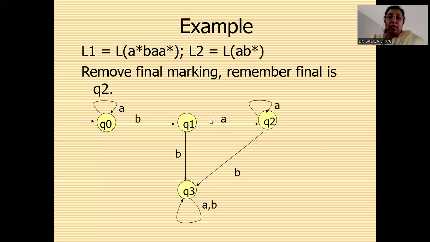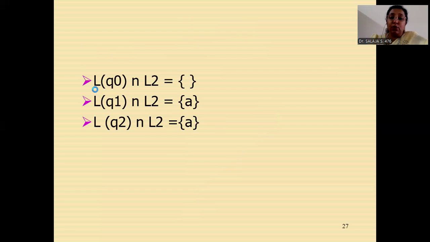Now, the next step is to mark the final states to identify L1 slash L2. From Q0, you cannot reach Q2, because L of Q0 intersection L2 is a null set.